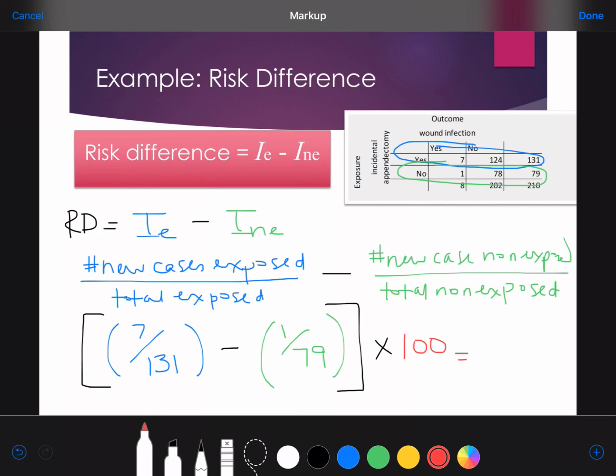4.1. Now, you know how we went back in and recalculated everything using these fractions, rather than just saying 5.3 minus 1.3, which would have been really easy to do, right? You end up with 4.